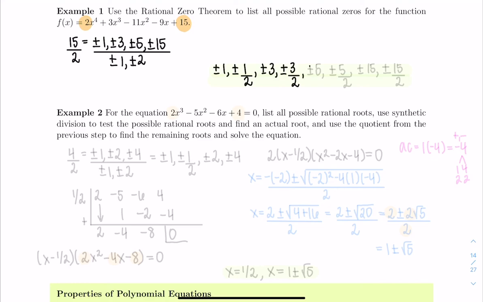We've got 5 over 1, which is 5, and then 5 over 2, which is 5/2. And then 15 over 1, which is 15, and 15 over 2, which is 15/2. It's not saying that all of these are zeros, it's just a list of possible zeros.